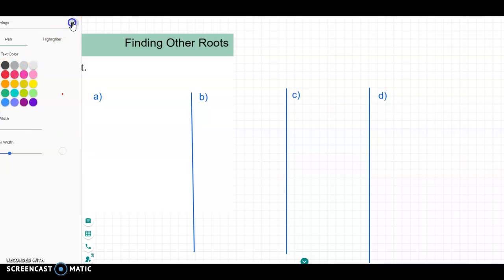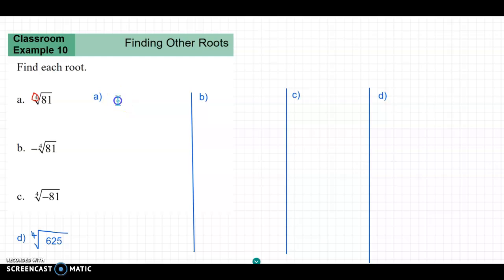So let's start doing the prime factorization for 81. Let's start finding the factors for 81. Since this is an odd number, it's not possible to divide by 2. So let's try dividing this number by 3.